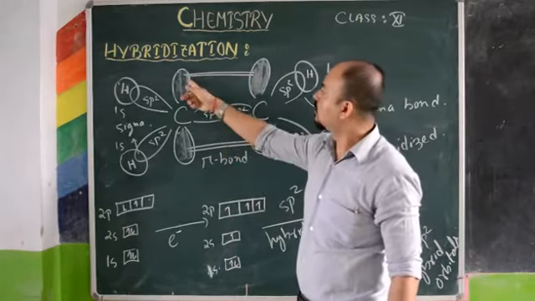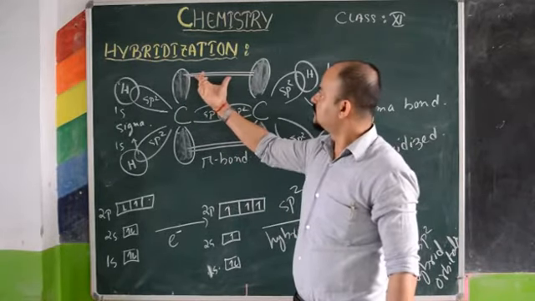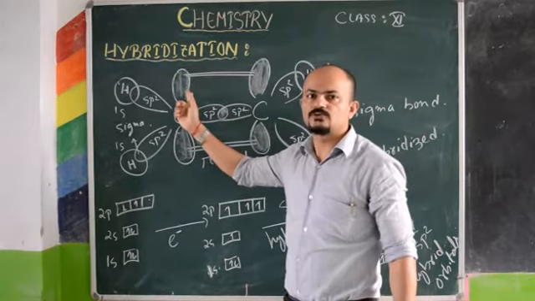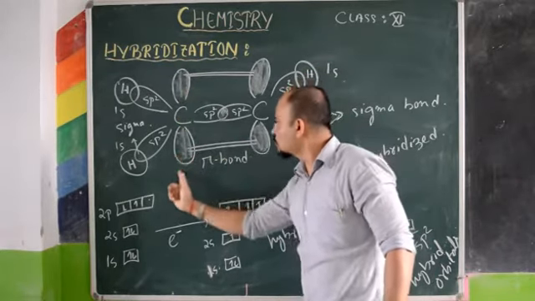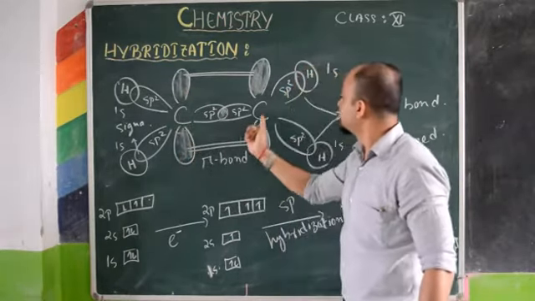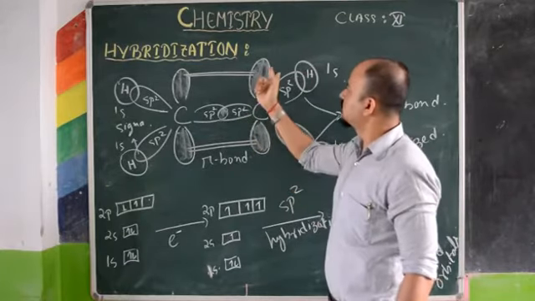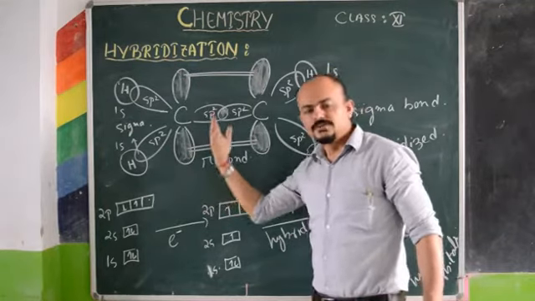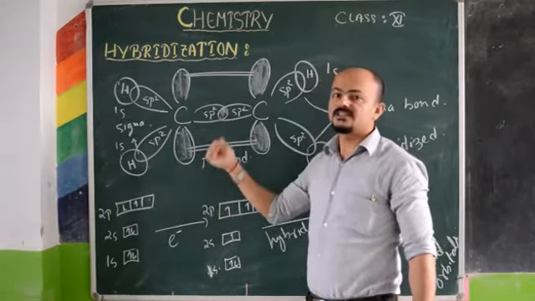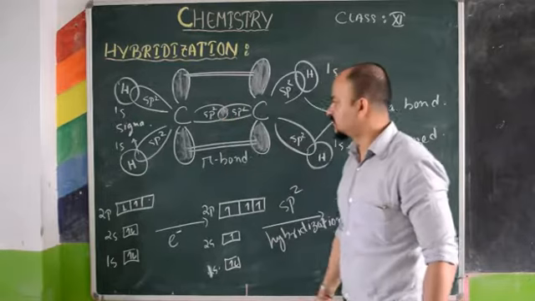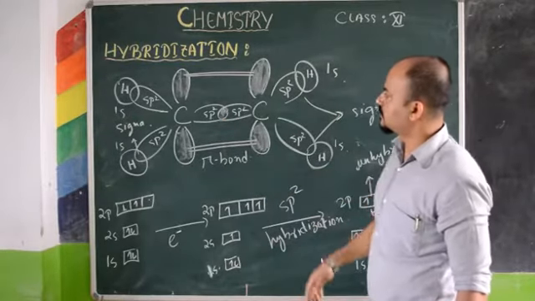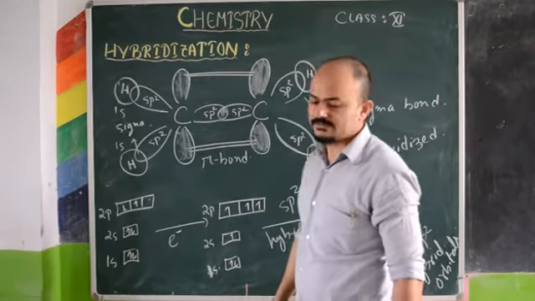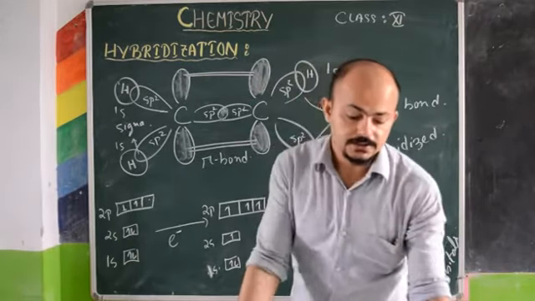No, it's only 1. The p orbital has 2 lobes, yes or no? This as a whole is 1 orbital. Therefore, there is overlap on the upper side and overlap on the lower side, and this will result in 1 pi bond formation. So this is the hybrid orbital structure of ethene.